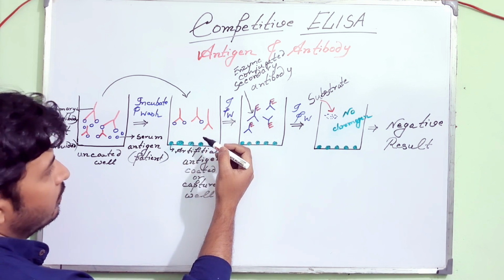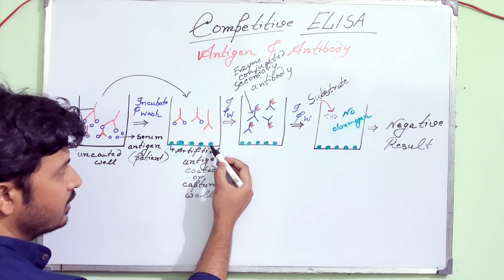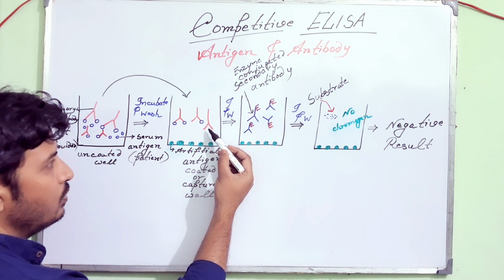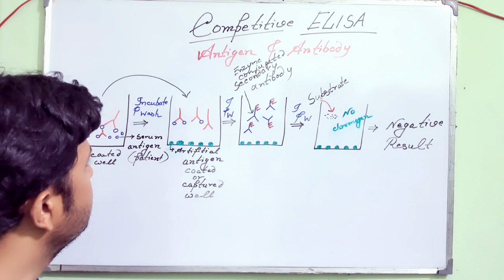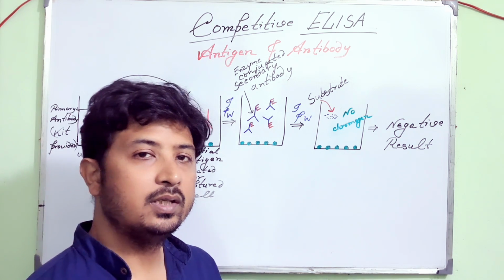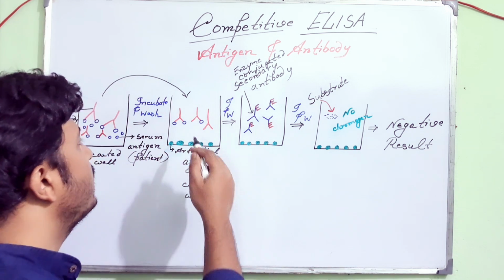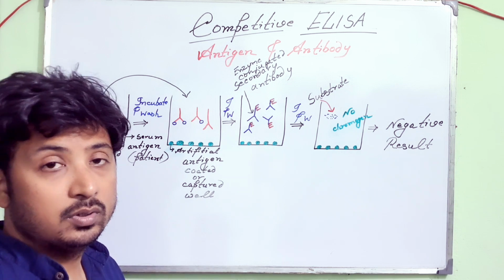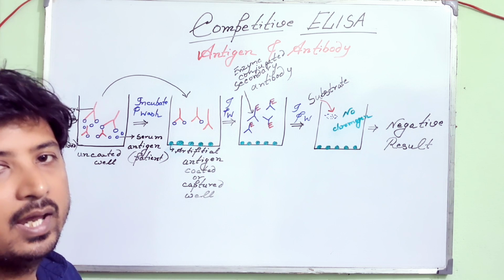Now both the blue, that is the original serum antigen, and the green antigen can be detected and bound by the primary antibodies. So there will be a competition between the antigen bound antibodies and the empty antibodies whose both fragment antigen binding sites are empty.